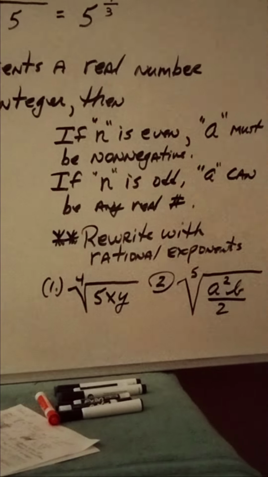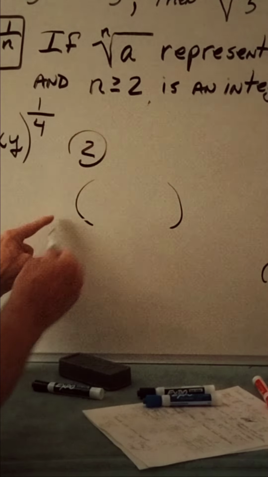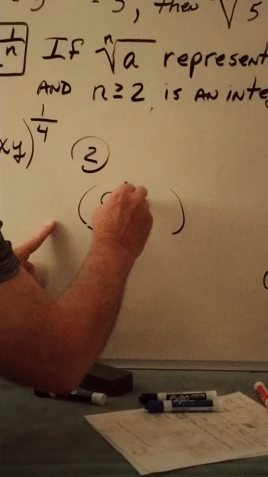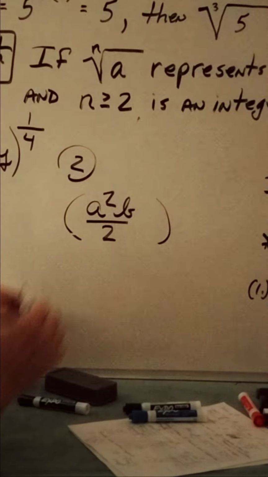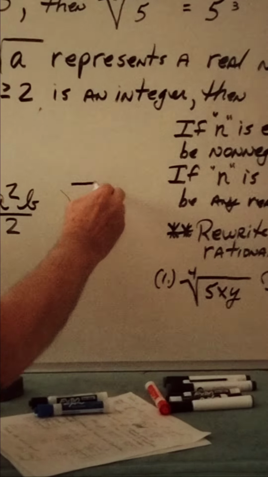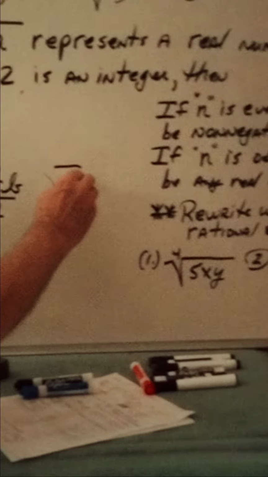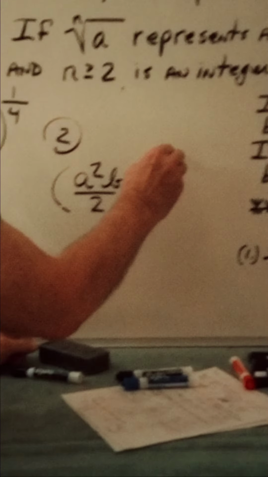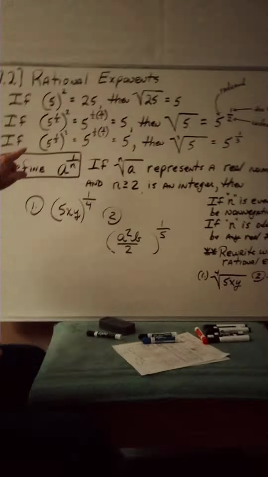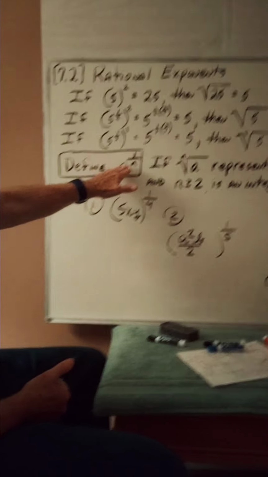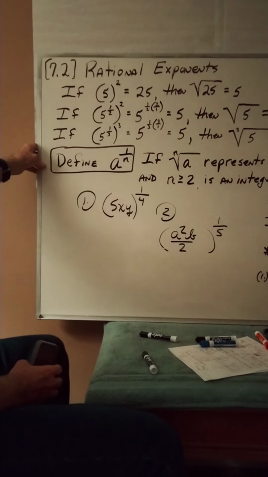The radicand becomes the base of your exponential expression. So a squared b over 2, put the fraction bar, the index of 5 becomes the denominator, and the numerator is a 1 because there's only one of them. Now that's the definition of a to the 1 over n. That's what we mean by that.